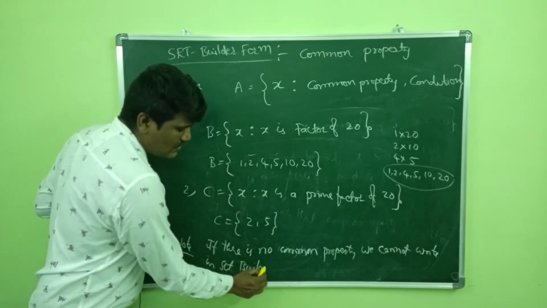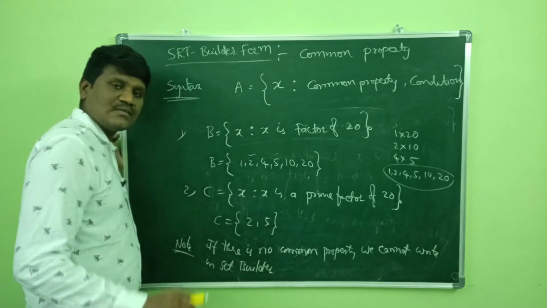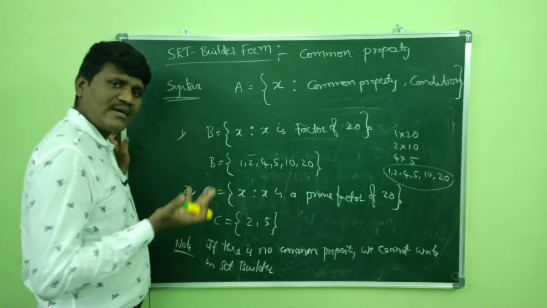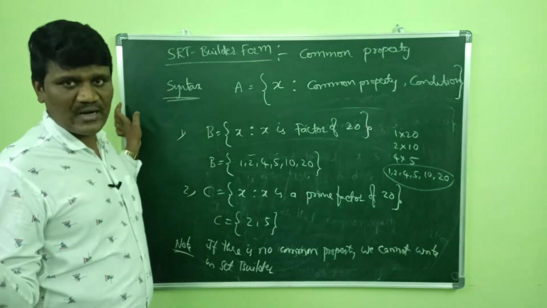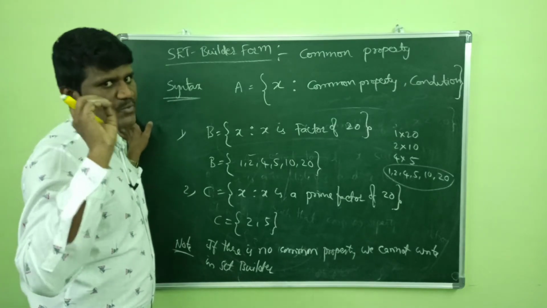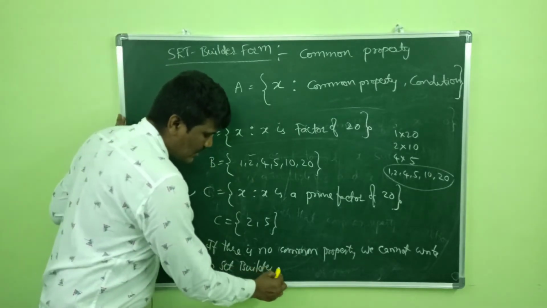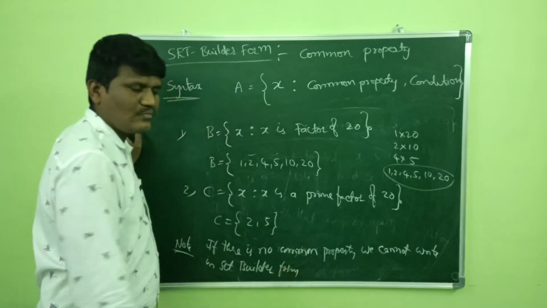So the foremost important thing for writing a set builder form is the common property. Sometimes the condition may be there and sometimes the condition may not be there, but the common property should be there in set builder form.